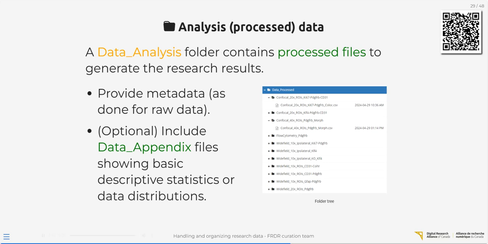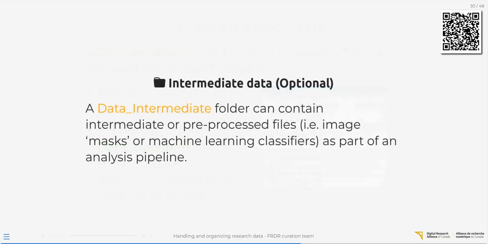It's also helpful to include data appendix files, basic tables or reports that show descriptive statistics, data distributions, or any transformations applied. Sometimes, your analysis pipeline includes additional steps between raw and final process data. In that case, it's helpful to create a data intermediate folder. This optional folder can hold intermediate files such as image masks, filtered datasets, or even machine learning classifiers that are used in further processing.